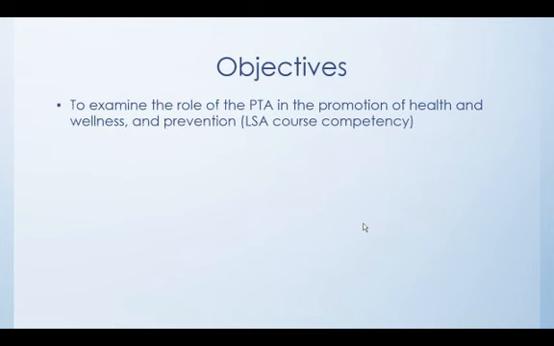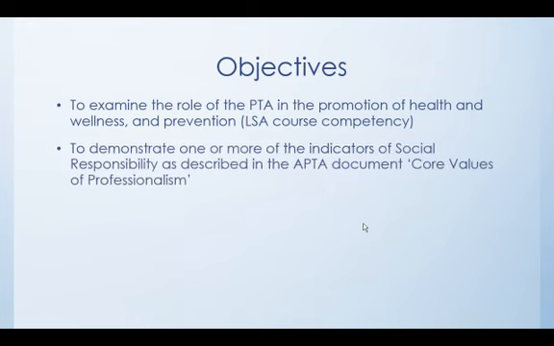One of the objectives of this assignment is to allow you to examine the role of the physical therapist assistant in promoting health, wellness, and prevention. And this is one of our course competencies, as you'll have seen, I'm sure, when you read through the course competency checklist. The other objectives, you're going to need to pull out the assignment so that we can go through the indicators of social responsibility.